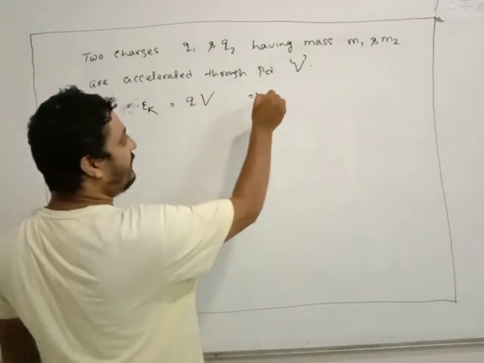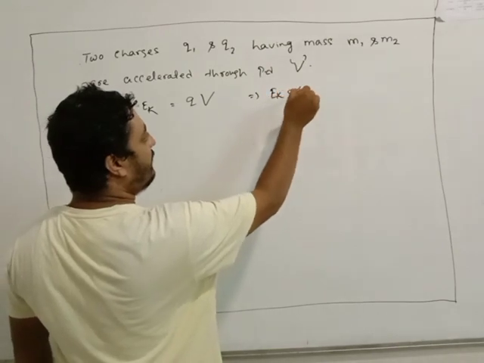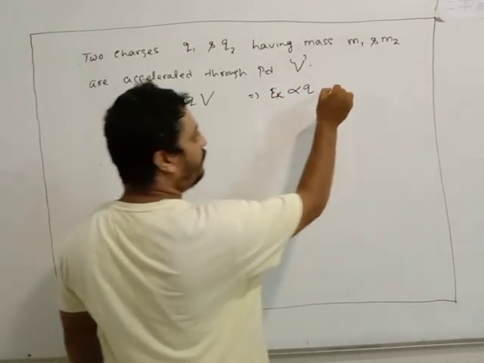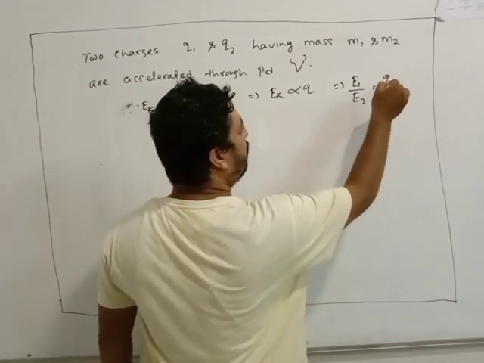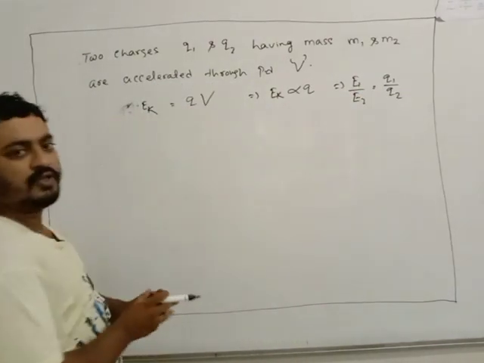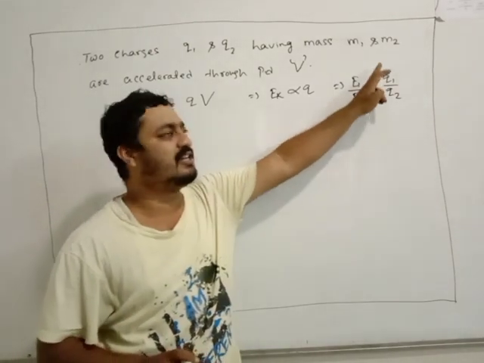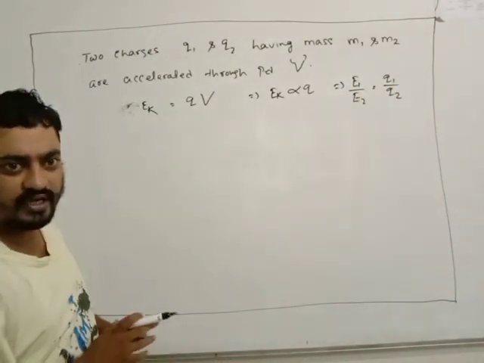So we can write EK is directly proportional to Q. So E1 by E2 equal to Q1 by Q2. So the ratio of the kinetic energies will be Q1 is to Q2.